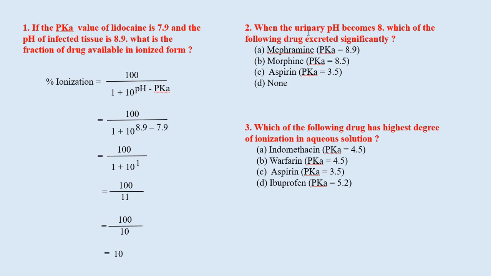In the question they ask which of the following drugs is excreted significantly, meaning eliminated from the body significantly, and they gave the urinary pH, 8. So the first two drugs are mepheramine and morphine.